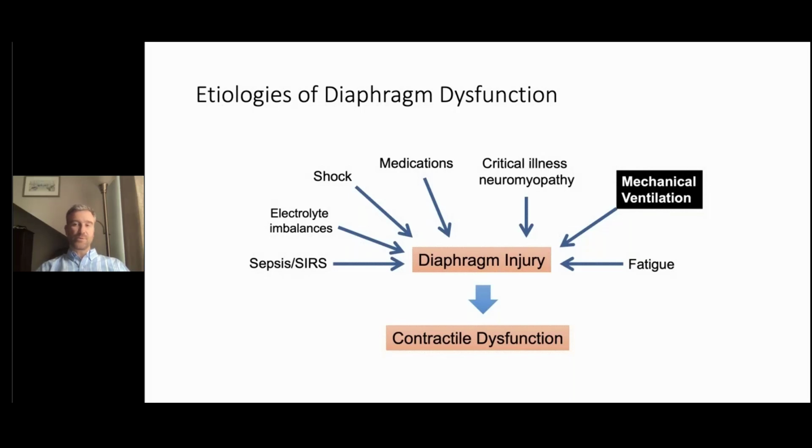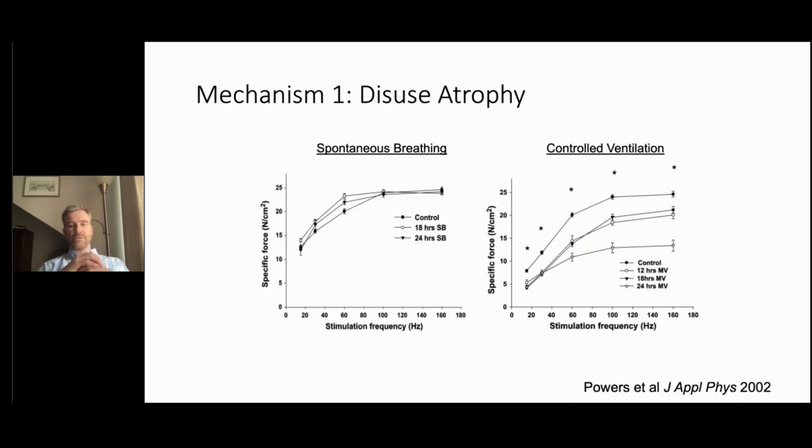So this becomes the priority, and I want to now briefly survey some of the mechanisms by which mechanical ventilation leads to diaphragm dysfunction. So the first mechanism, and perhaps the most important, is disuse atrophy. Experimental studies, and now some human data that I'll show as well, have convincingly demonstrated that even a short period of diaphragm inactivity is associated with a progressive loss of diaphragm muscle mass and muscular force generating capacity.